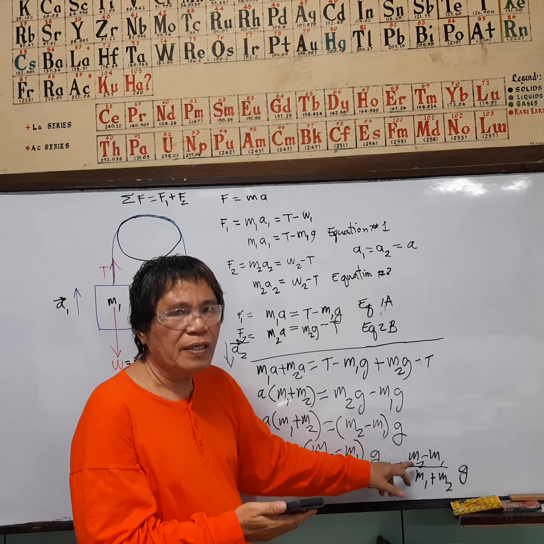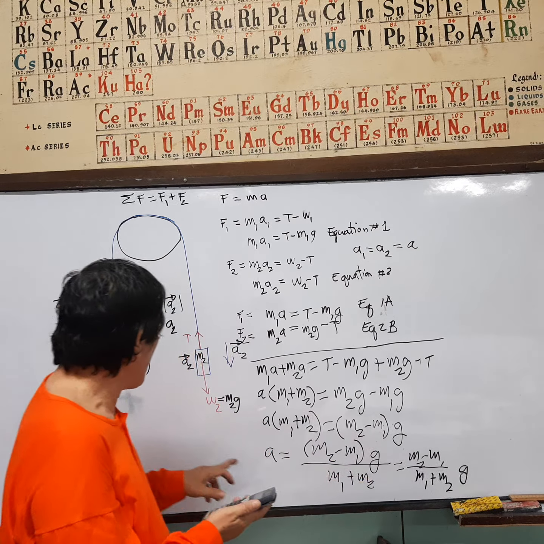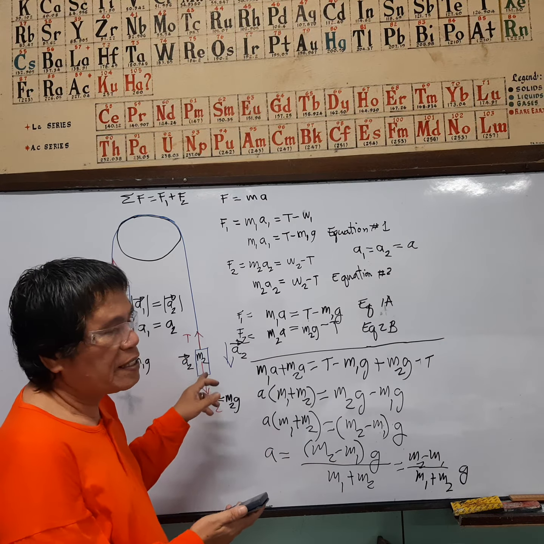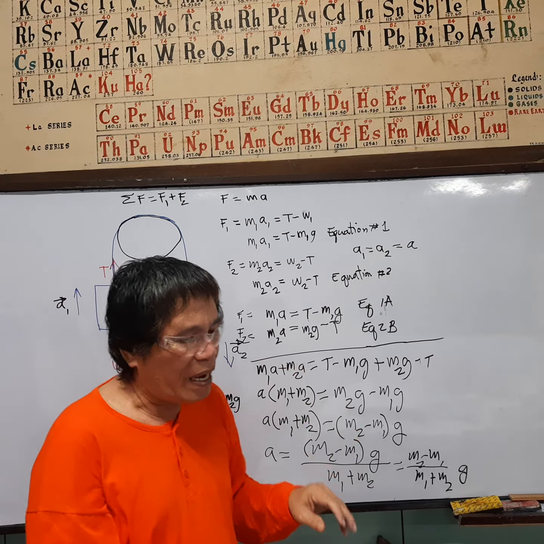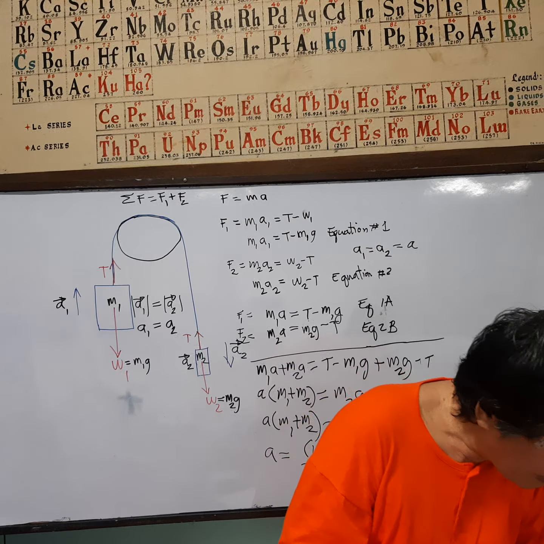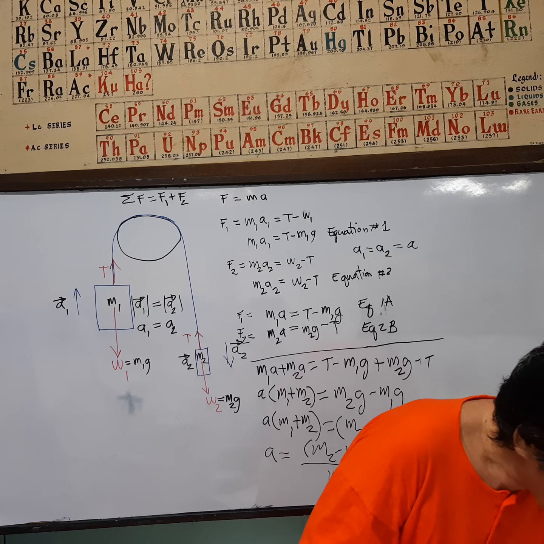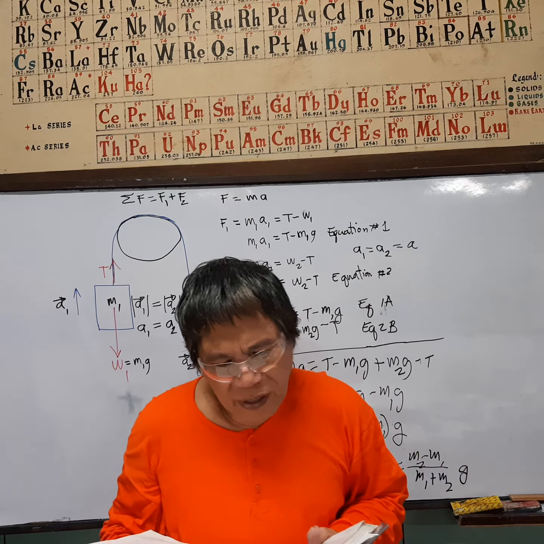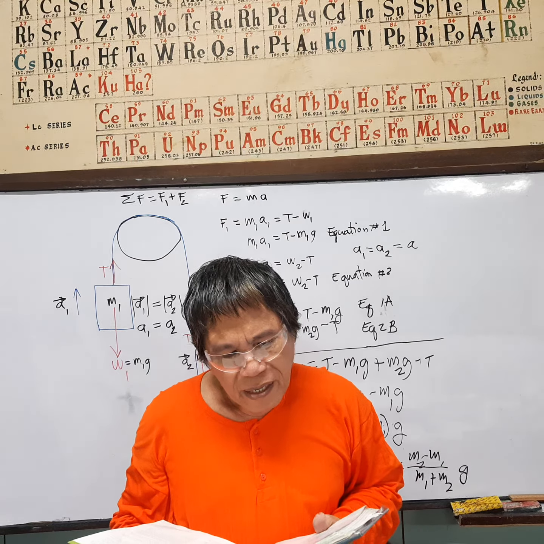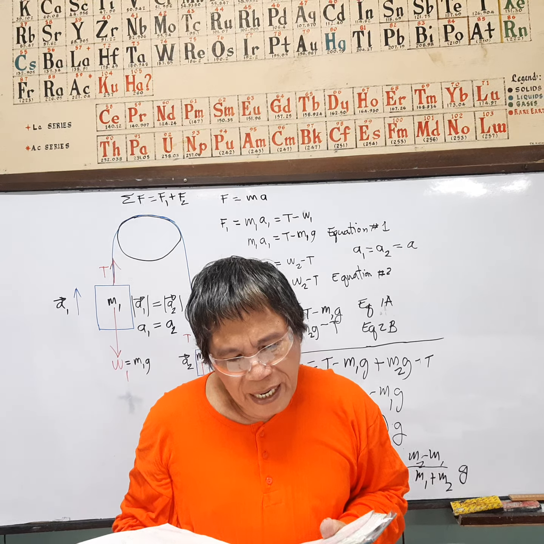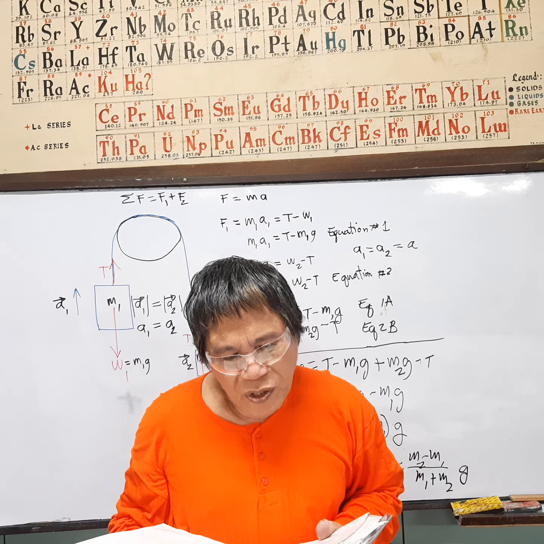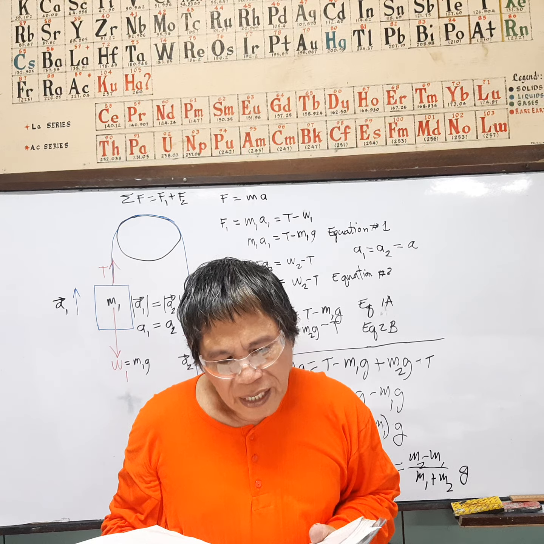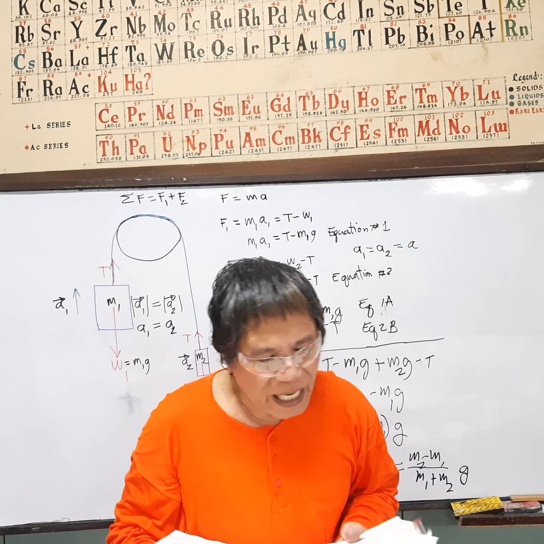Our M2 is given. What is our M2? This is the mass of the counterweight. Looking at the problem, M1 is 1,200 kilograms, M2 is 1,000.